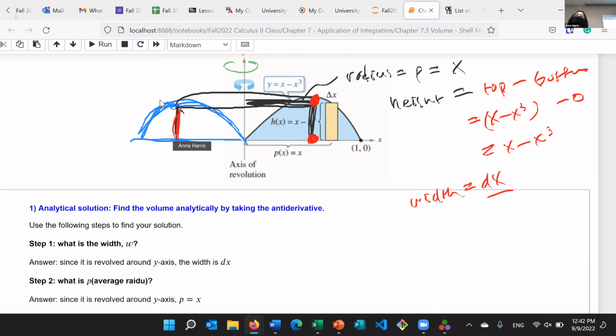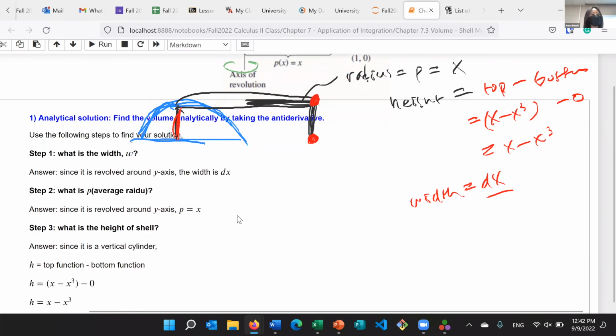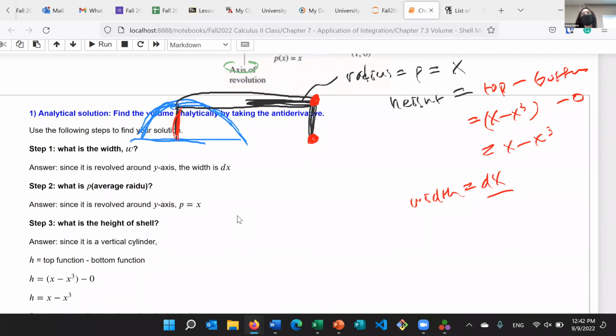And then you're going to say, okay, so what do I need to do? Very first thing, you need to recognize what I did. So what is the width? It's revolving around the y-axis. So you know the width is what? dx. Okay, what is P, the average radius? Since it is revolving around the y-axis again, look at this picture.